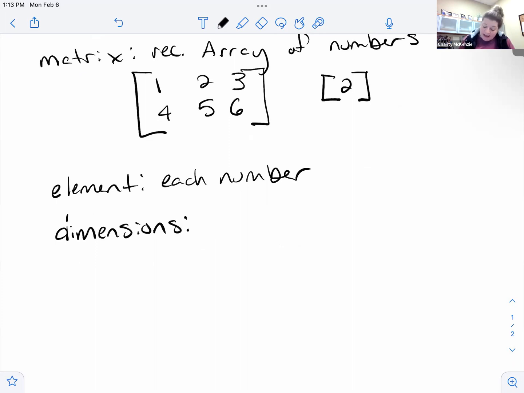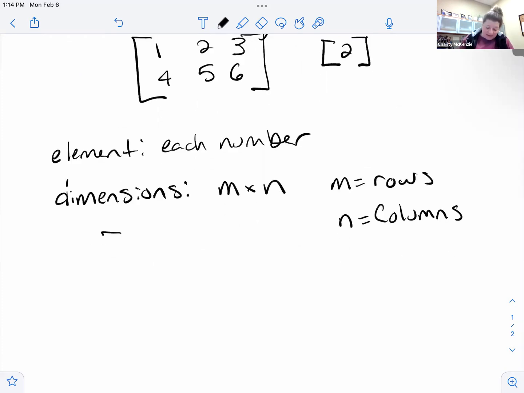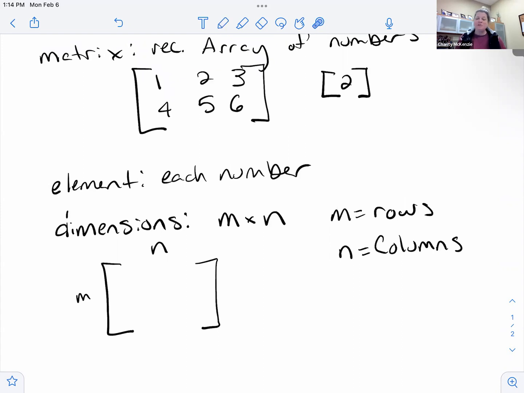Our dimensions go m by n, where m is your rows and n is your columns. So if I have something, it's going to go m by n, like that. This, you have like a visual of it. So the one I just did up here is going to be a 2 by 3.